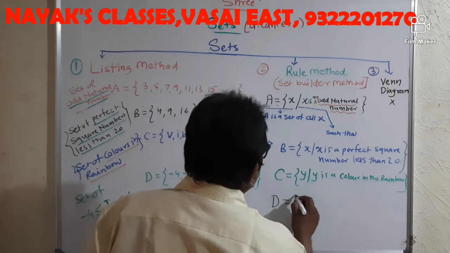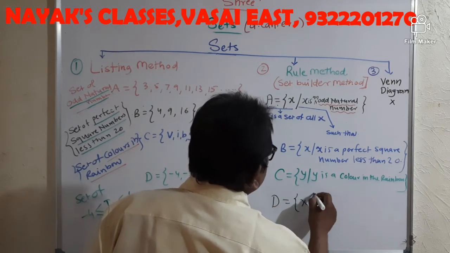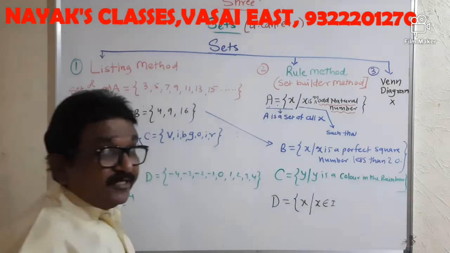D is a set of all x such that x belongs to integers.